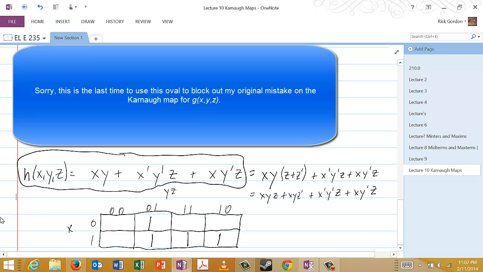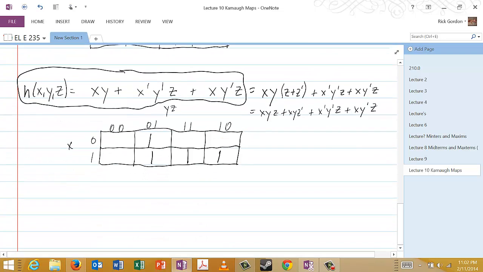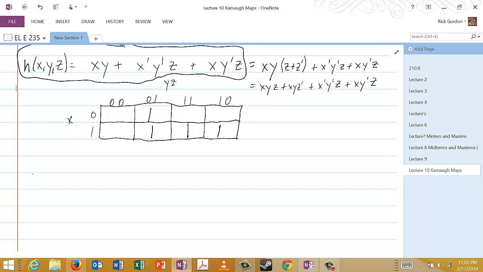Let's look at still another example now. Let's maybe say j of x, y, z is equal to x, or we'll say x prime, y prime, z prime.